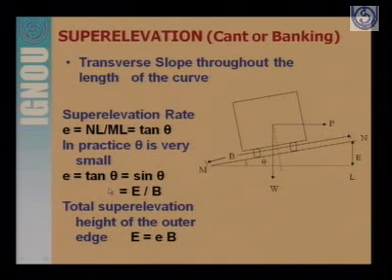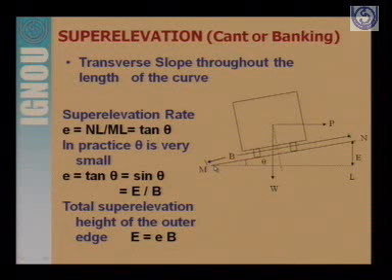So we can replace tan theta by sin theta, and from this triangle, sin theta will be E by B. Earlier it was E by ML, now it is this perpendicular divided by this MN, which is the width of the road B. So now you can write that the super elevation rate e is equal to E by B. E is the rise, B is the width of the road. So this is the rate of the elevation.